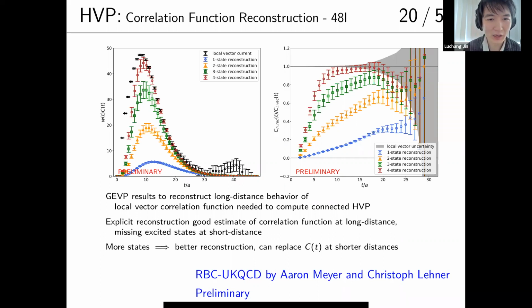So we can look at the plot to see how well we are doing right now. The black curve is the direct evaluation. And these few color curves just include 1 state, 2 states, 3 states, and 4 states of contribution.